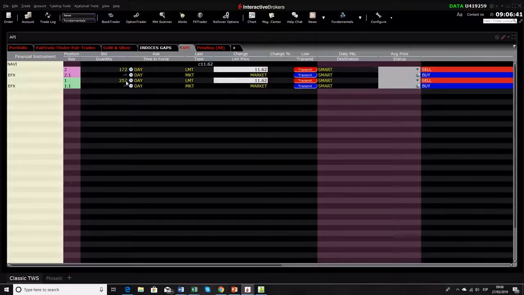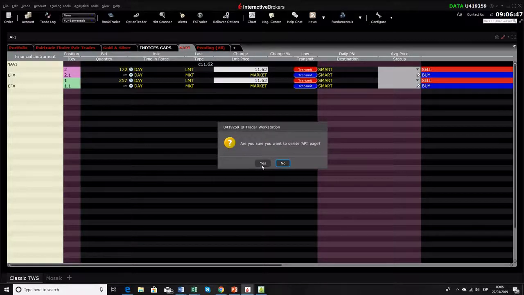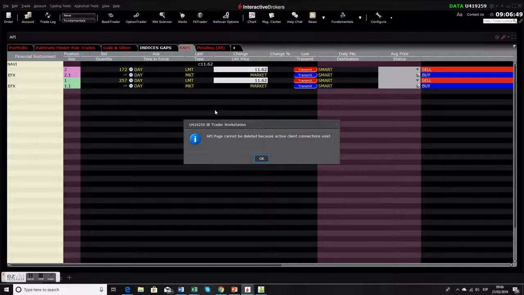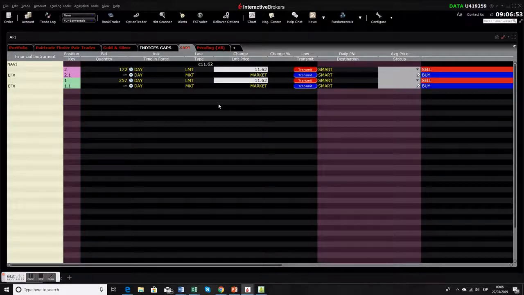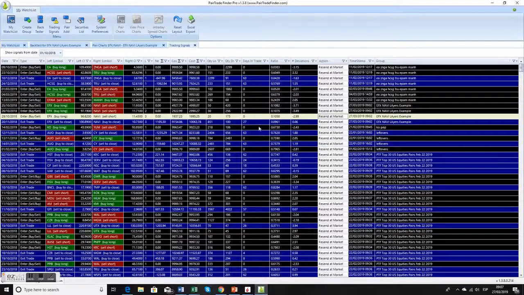In Trader Workstation, let's go here. In the API, oh, there was another trade already there. So let's go back and delete these trades, which is important. So now we have a clear API screen. Let's go back here, and let me retry that.